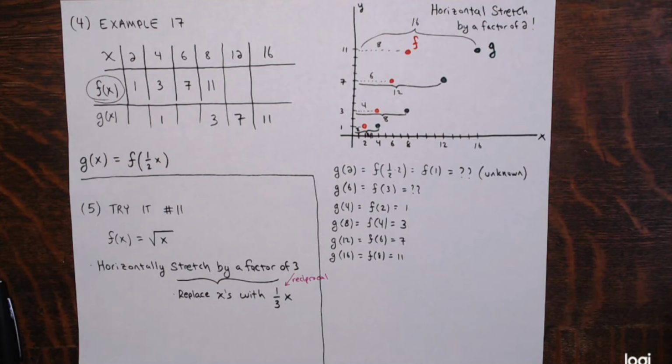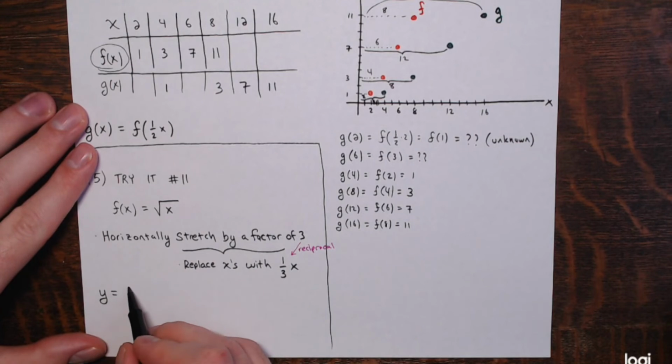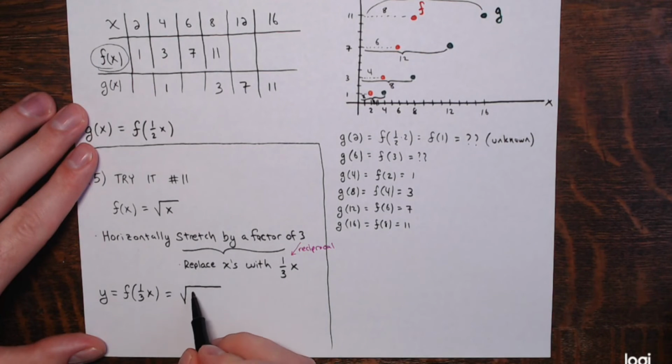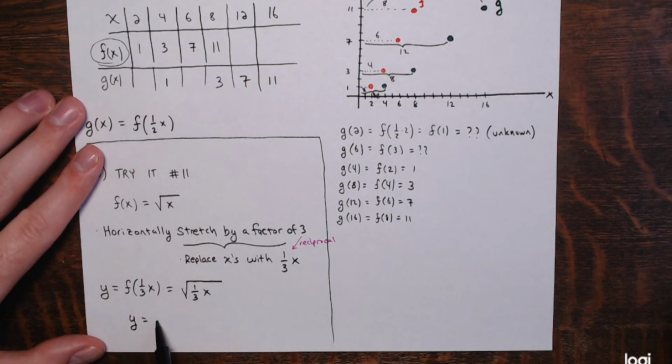So the rule we're looking for is y equals f of 1/3 x, instead of f of x, which is the square root of 1/3 x. So y equals the square root of 1/3 x.